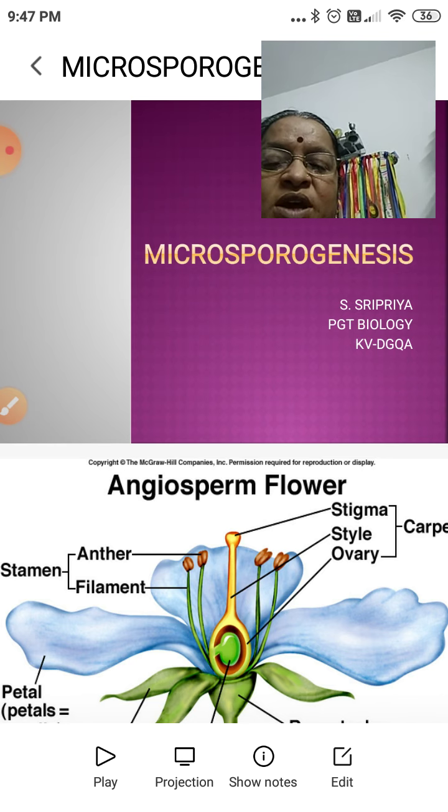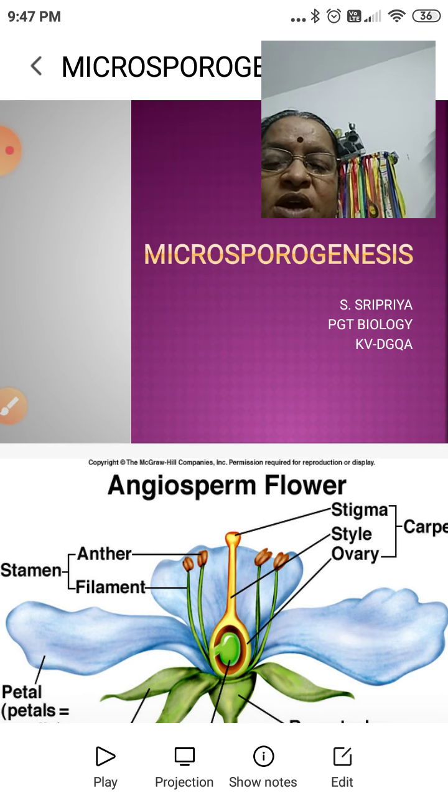Now let us see the picture or the structure of this cross section of the anther lobe. This we have already seen, the filament and the anther that makes up the male part of the flower. A cross section of this anther is what you are going to see in this picture. Cross section of the anther showing the microsporangia.